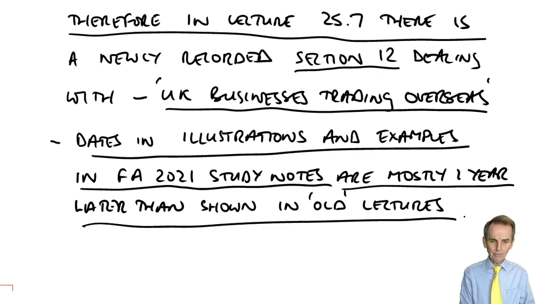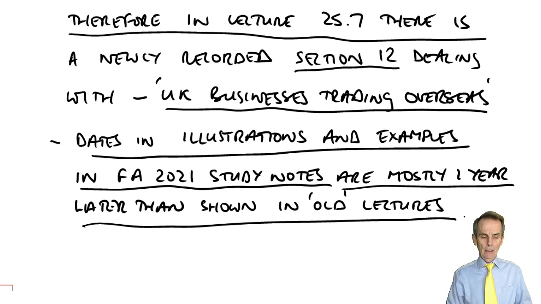But I repeat, other than the context of those imports and exports for UK businesses trading with overseas customers or suppliers, there are no other changes. All of the rules remain the same. Nothing left for me to say, therefore, other than, again, enjoy.